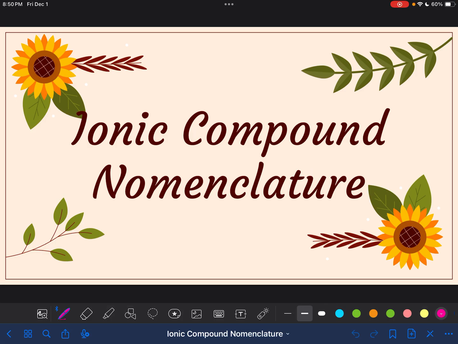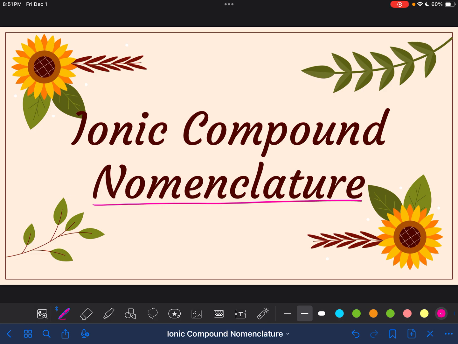Today what we're going to talk about is ionic compound nomenclature. First things first, before we even begin, I want to make sure you know the word nomenclature. A lot of you probably don't know what that means, but if you take Latin, it should give you some knowledge of what it might be called.